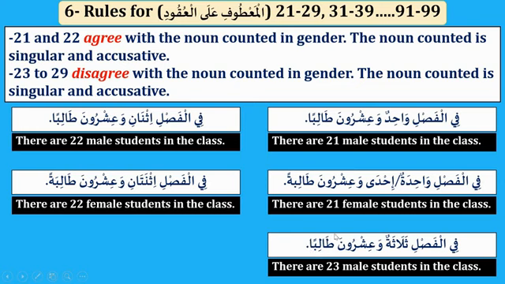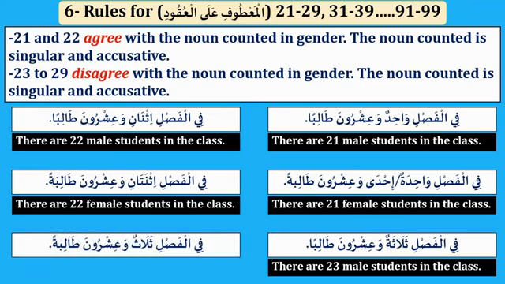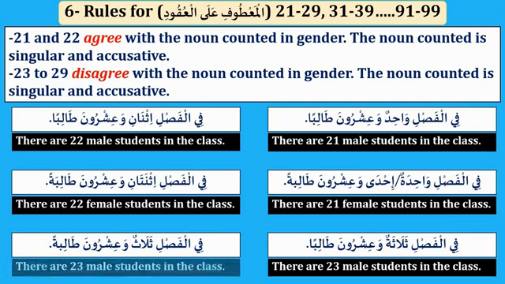The noun is masculine, but the number is feminine from 23 to 29. في الفصل 23 طالبة. There are 23 female students in the class. Sorry, this is supposed to be female, not male. طالبة is female students, and the number must be masculine.